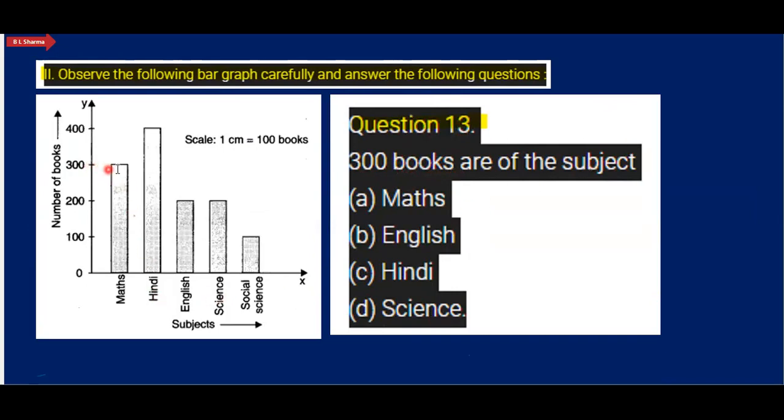Here, this is 300 books and this subject is mathematics. 300 books of subject mathematics, 400 books of Hindi, English 200 books, science 200 books, and social science 100 books. So here 300 books are of the subject mathematics. So A is the correct option.